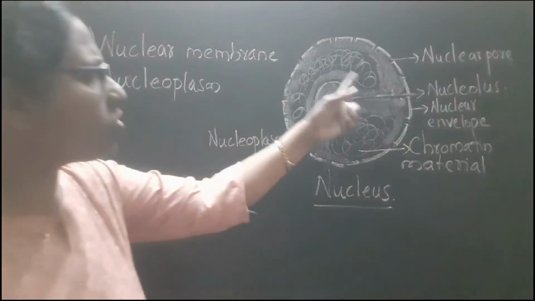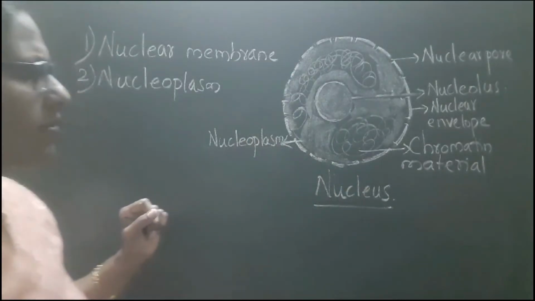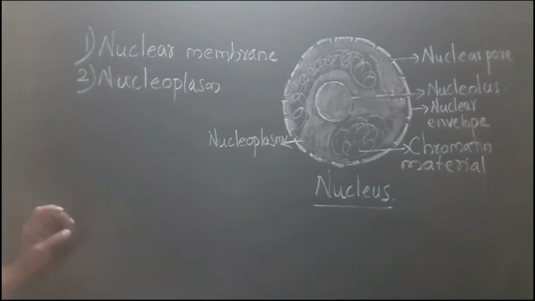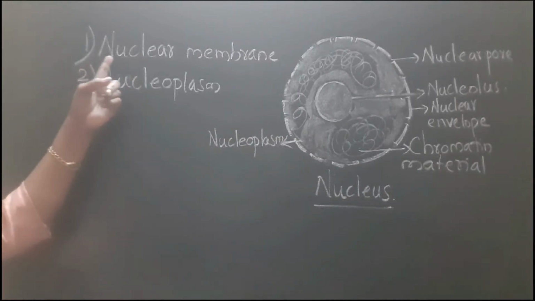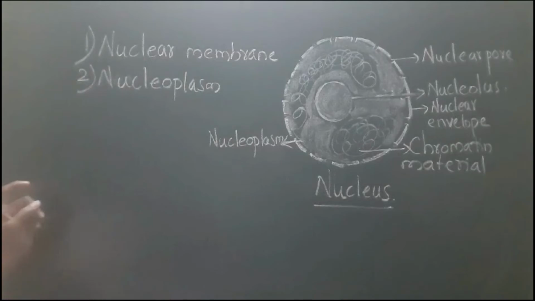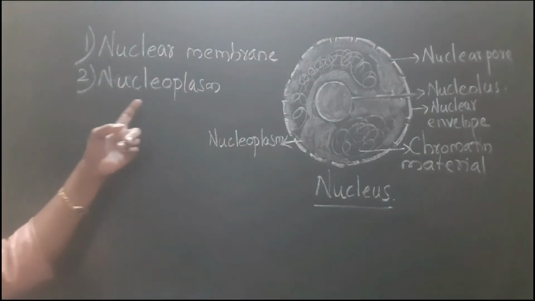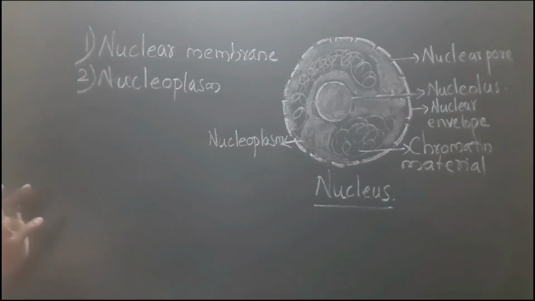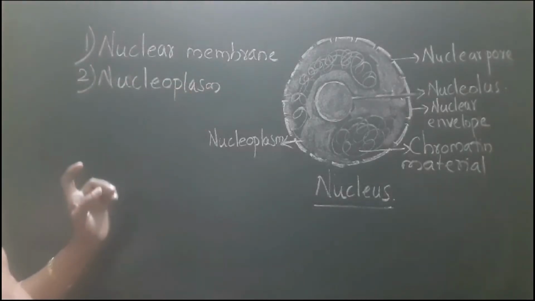This is the structure of nucleus. Nucleus is made of two parts. Number 1, nuclear membrane. Number 2, nucleoplasm. Now, nuclear membrane.